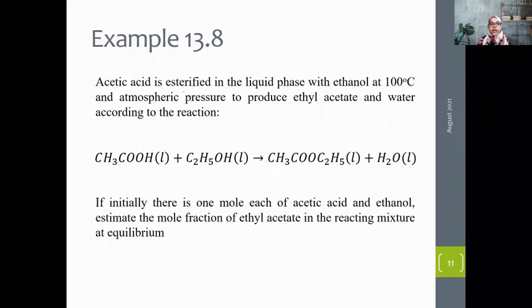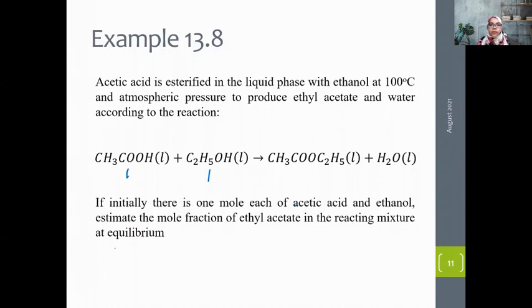Acetic acid is esterified in the liquid phase with ethanol at 100 degrees Celsius and atmospheric pressure to produce ethyl acetate and water according to the following reaction. If initially there is 1 mole of acetic acid and 1 mole of ethanol, estimate the mole fraction of ethyl acetate in the reacting mixture at equilibrium.